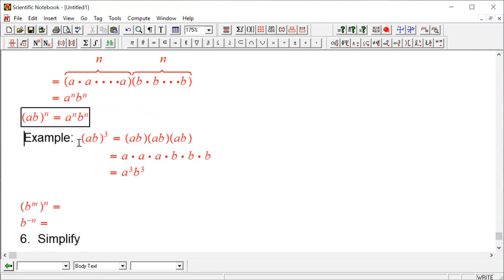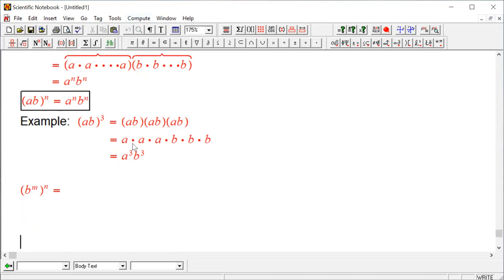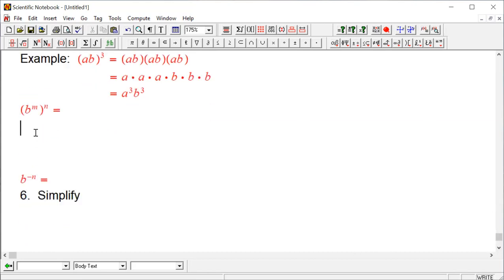Okay, so now, how do you figure out what is b to the power m, and then to the power of n? How do we figure that out? Well, let's look at an example. Suppose I have b raised to the power of 3 and then raised to the power of 2.